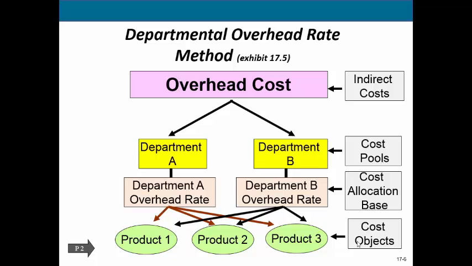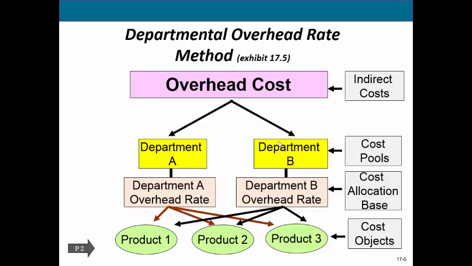In this case, we're going to take our total overhead. So if we're going with the previous example, remember that total overhead was $4.8 million. And now, rather than just simply allocating this total overhead, we're first going to divide it into various departments. Then, each department will have its own allocation base or its own cost driver.